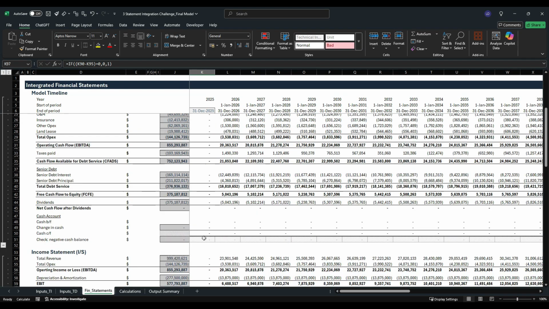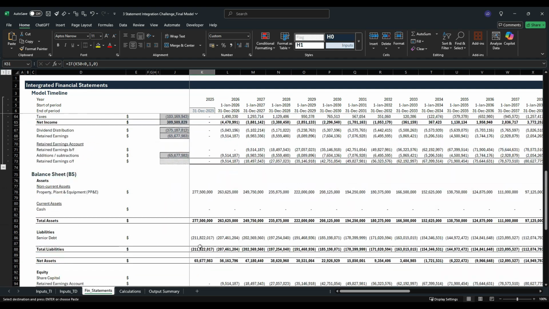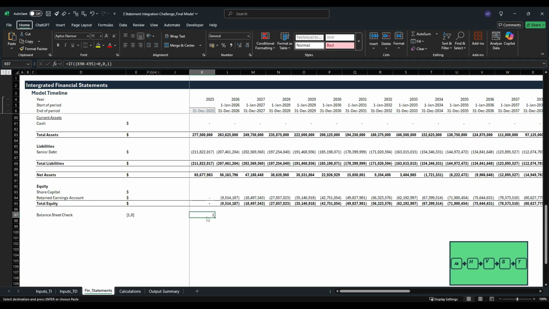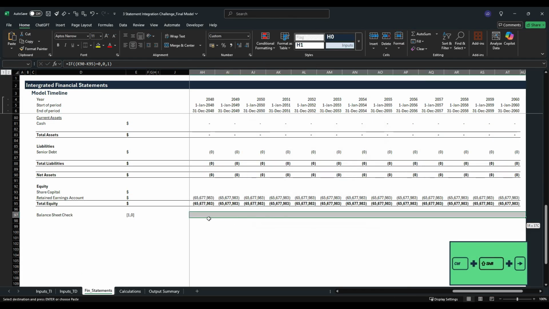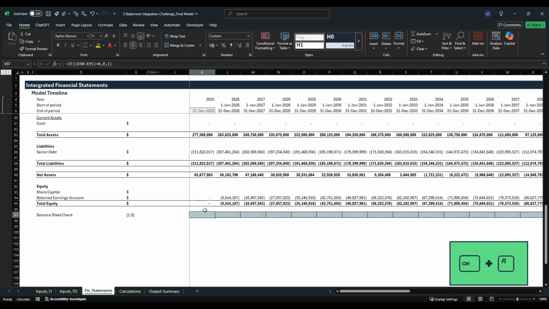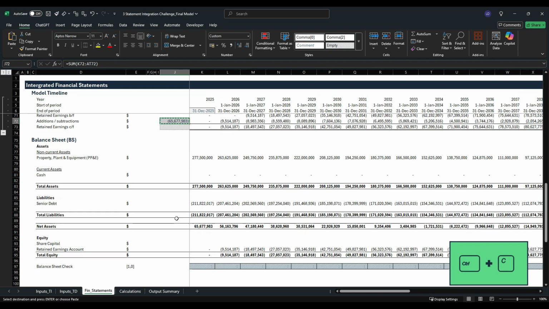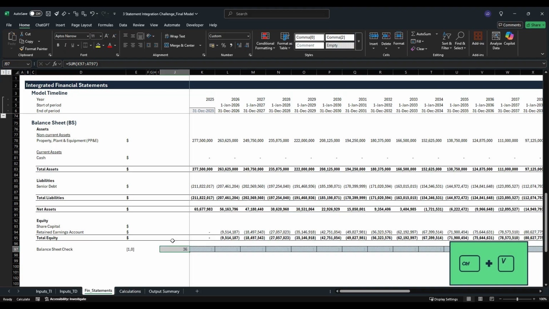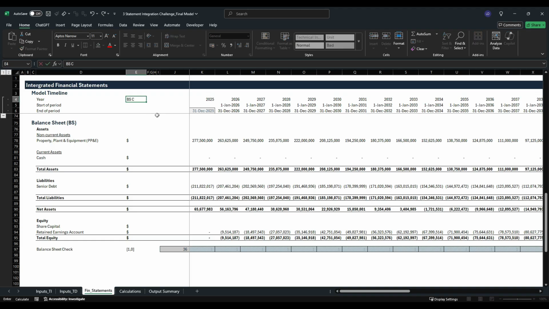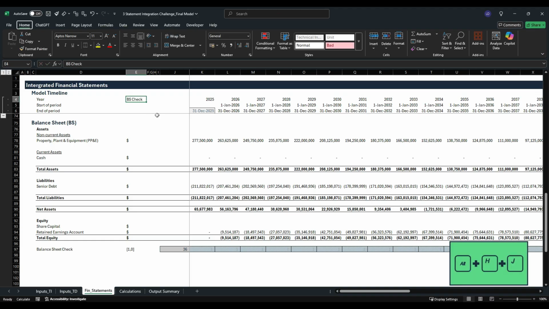We can pick up the flag style from up here. Copy this, Alt HVST, drag it over. And we can also pick up a row total. And you can see right now our balance sheet doesn't balance. Let's make it even more visible and implement a balance sheet check up here with a table header.